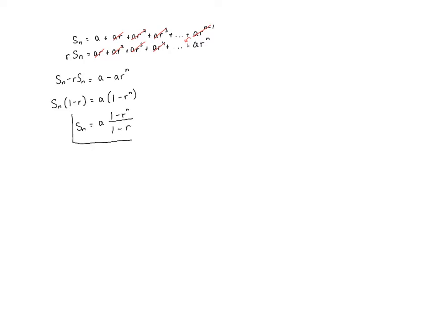And this is the formula for the nth partial sum of a geometric sequence with a as the first term and r as the common ratio. It's really a neat calculation with all of the cancellation and the factoring, and it gives us a nice formula that we can use to find partial sums of geometric sequences.